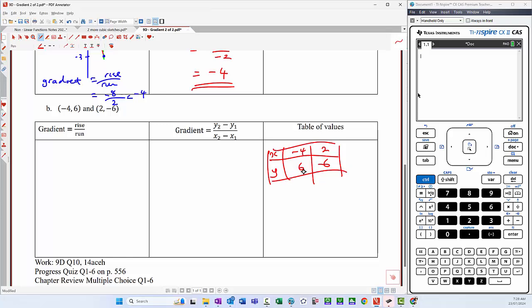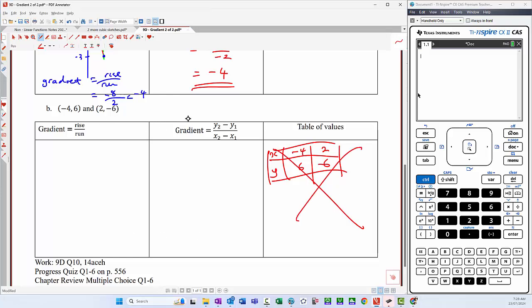Now, you can see here the slight problem with the table of values is that because these are so far apart, it's not just one single value that we would put in between two values. This is actually a change of 6 units. So we've got to put 5 more units in between -4 and 2, and then split up the 6 and -6 somehow. So for this one here, I would not use the table of values method.